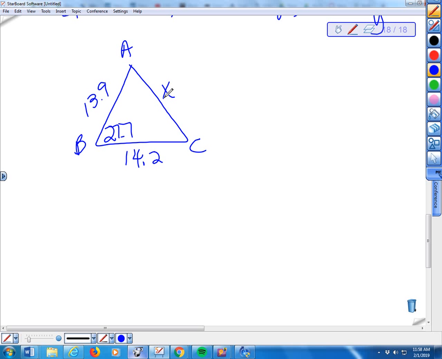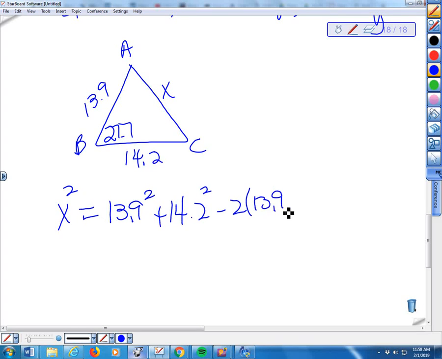So x squared equals 13.9 squared plus 14.2 squared minus 2 times 13.9 times 14.2 cosine 27.7. I just take the calculator, wherever I put it.